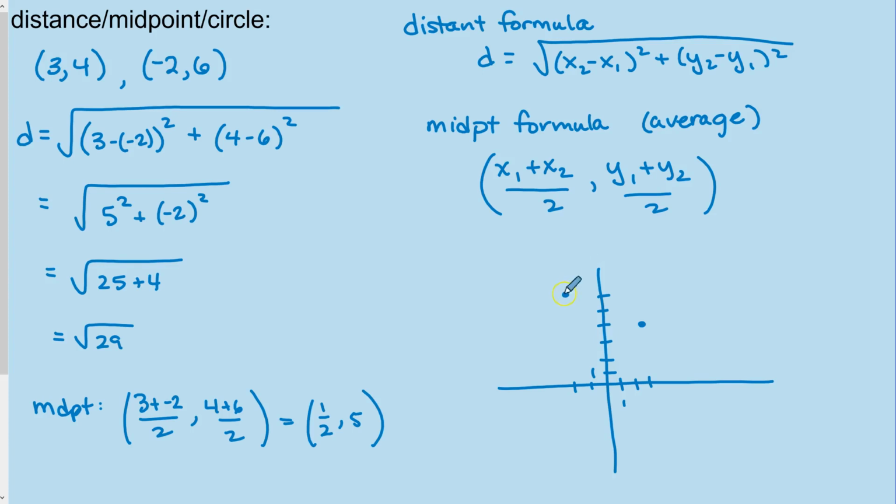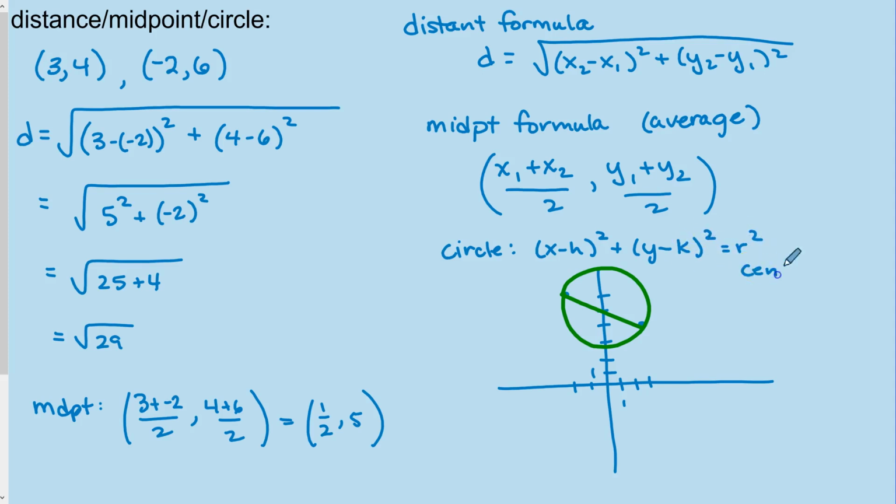So here's the circle then. Here's the diameter. What is the equation of the circle? So I'll remind you from pre-calc that a circle has equation x minus h quantity squared plus y minus k quantity squared equals r squared, where the center is (h, k) and the radius is r.